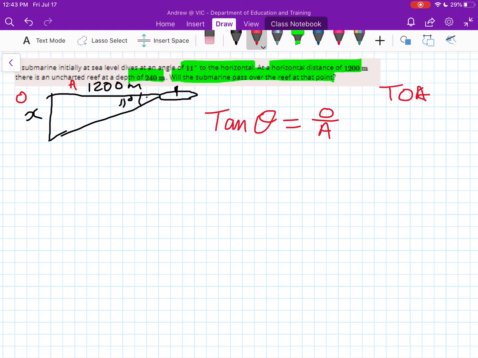So here we'll fill in our blanks. So the tan of 11 is equal to the opposite, which we don't know, and our adjacent, which is 1,200. Okay, so now to find this, we just need to multiply both sides by 1,200.